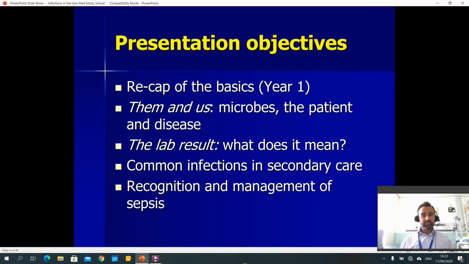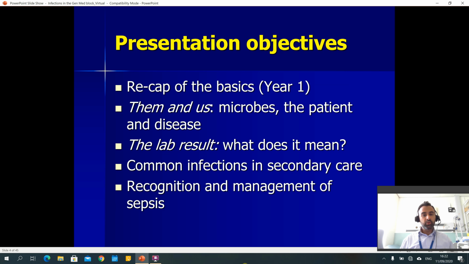They will be giving you results, and you need to know what to do with those results. You need to know what they mean. If someone gives you a particular gram stain result or tells you that an organism is growing in a blood culture, you need to be able to relate that back to the patient you're looking after, see if it makes sense in terms of what you're doing for that patient, and know what changes need to be made.